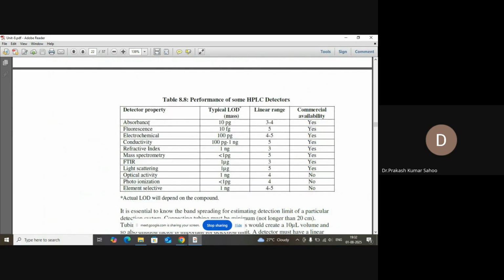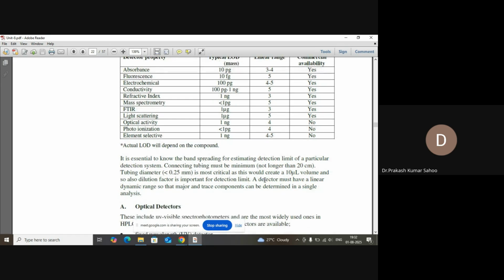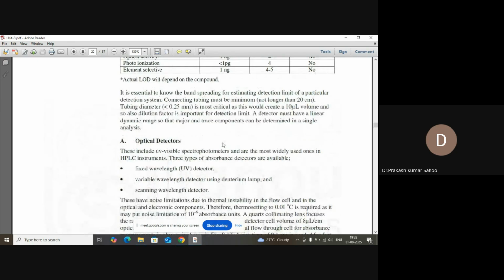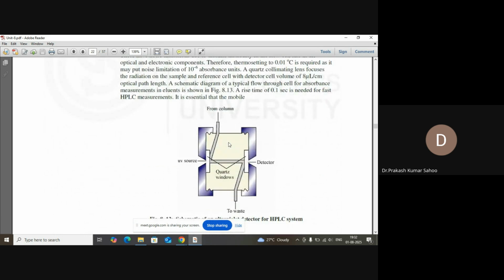So after that, there's the detector type we have. So it is a detector property, and your linear range, commercial availability, and LOD. LOD will depend on the compound. It is a mass, and we have the optical detector. So the optical detector, it uses the quartz.